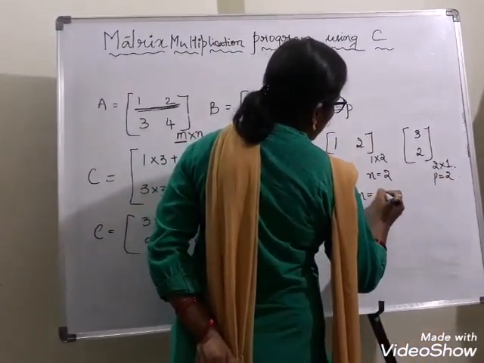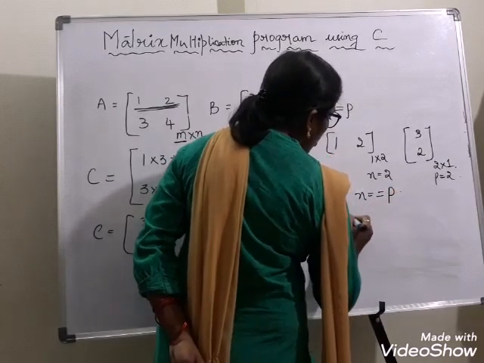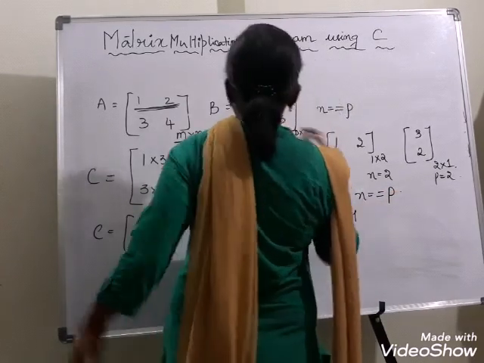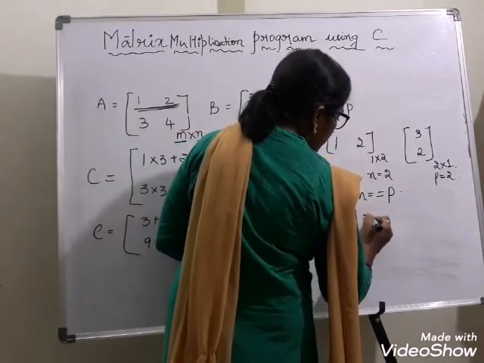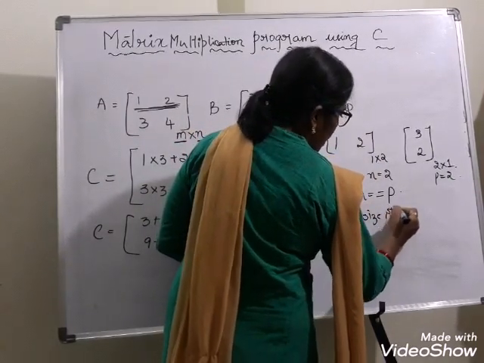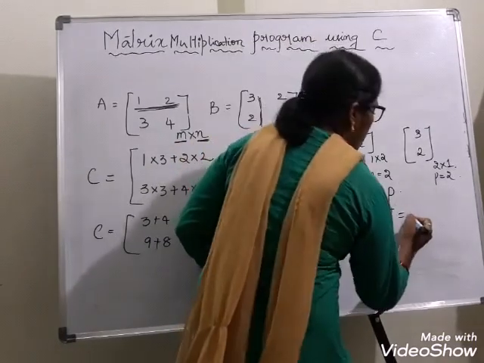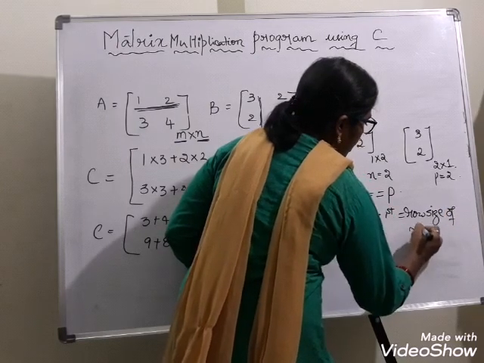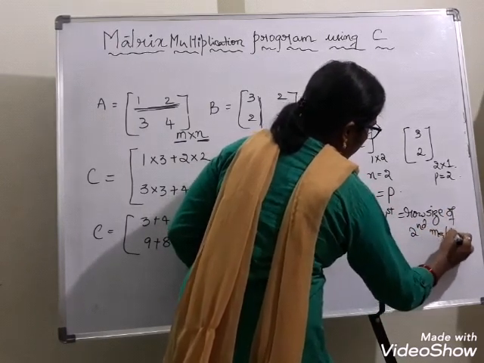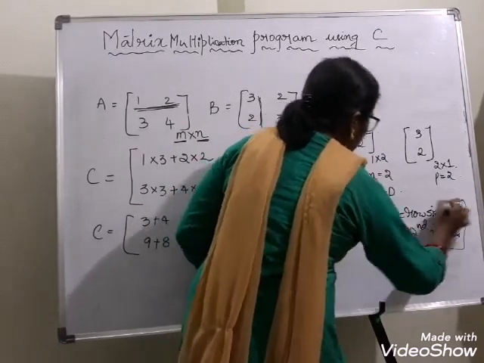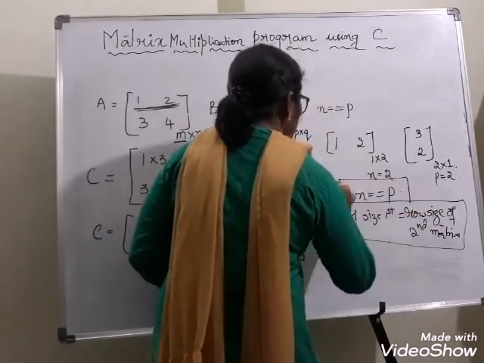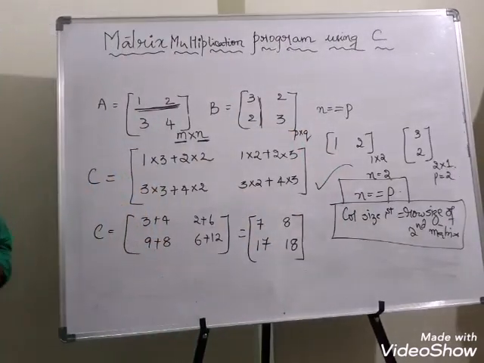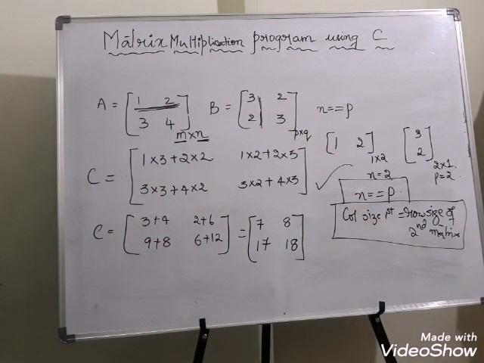So when n is equivalent to p, that means the number of columns in the first matrix is equivalent to the number of rows of second matrix, then only the matrix multiplication will be possible. So this we have learnt already in the 10th class. So by taking the same principle, we will do the matrix multiplication here.